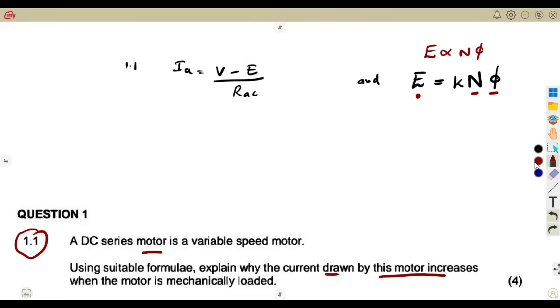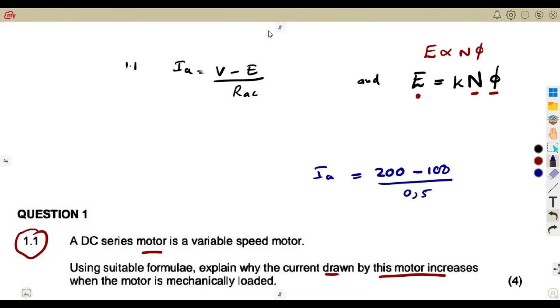As E is decreasing, what happens? Let's just say you've got values, guys. You're into mathematics, guys. Let's say V is not changing, it is maybe 200. Then E, let us just say it is 100, and you've got a resistance of 0.5. I want you to see what happens in your calculation so that you understand this explanation.